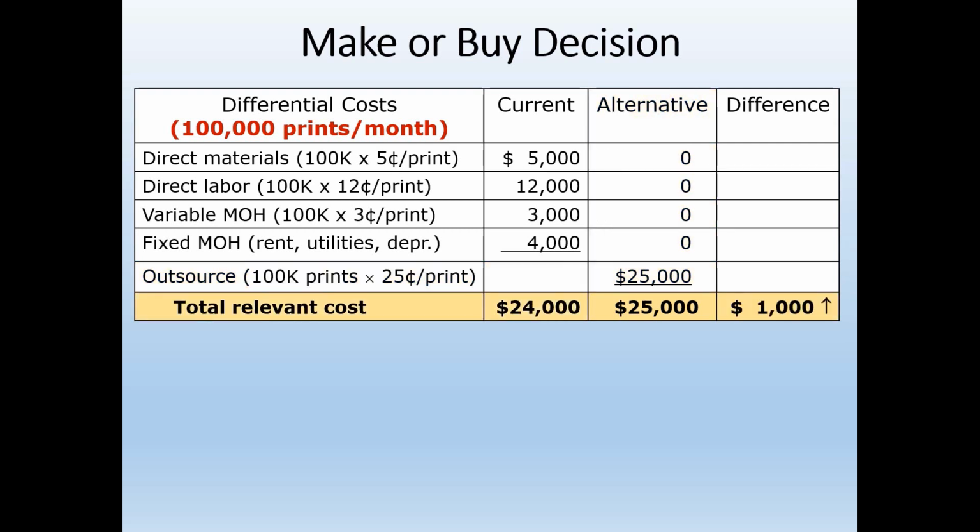The difference between making the prints and buying the prints is $1,000. But in this case, it would cost the firm $1,000 more to outsource the prints to another firm than it would to make them in-house.